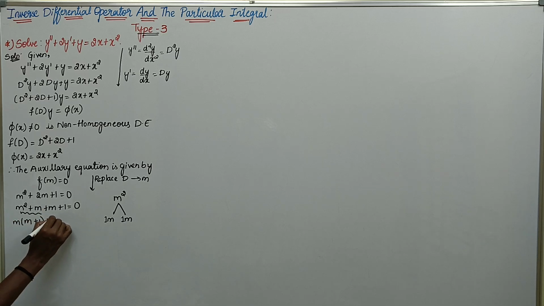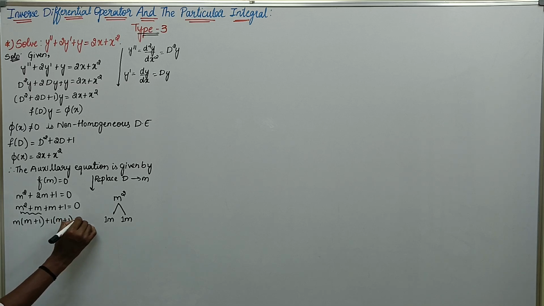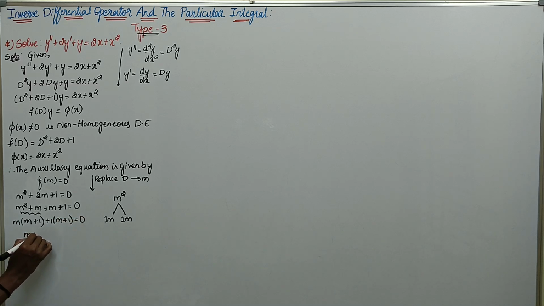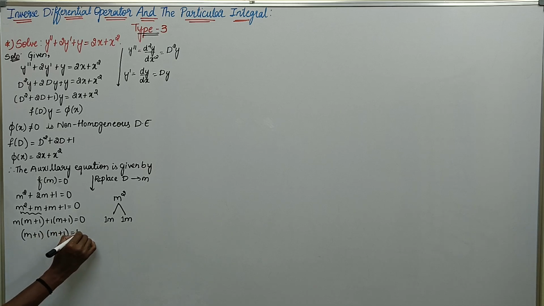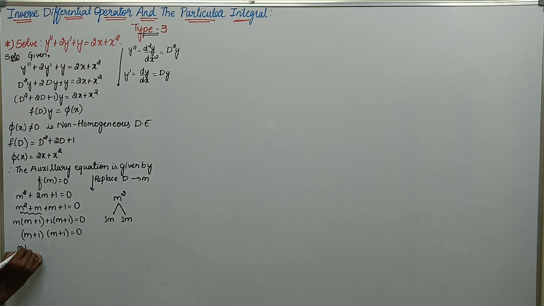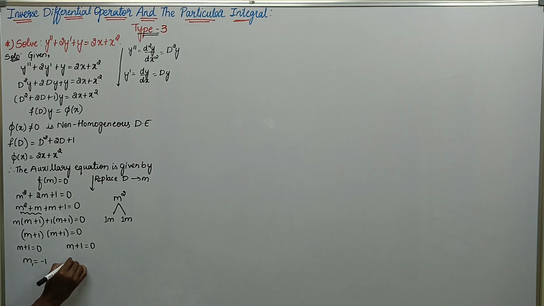Here 1 is common, m plus 1 equal to 0. m plus 1 into m plus 1 equal to 0. m plus 1 equal to 0 and m plus 1 equal to 0. Therefore, m equal to minus 1, this is our first root, and m2 equal to minus 1 is our second root.